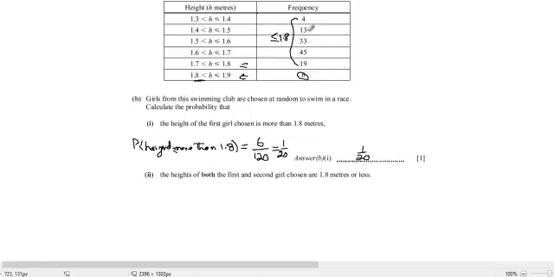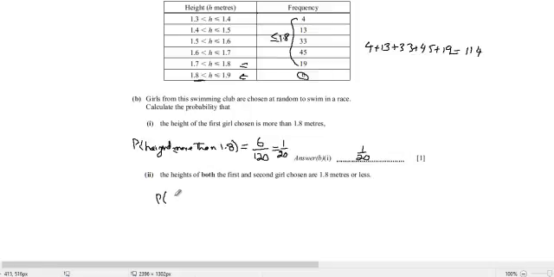When we add all these frequencies, 33 plus 45 plus 19, this ends up to 114.